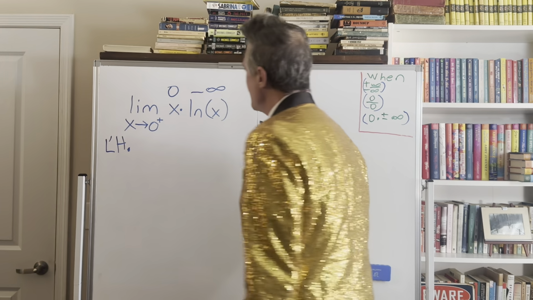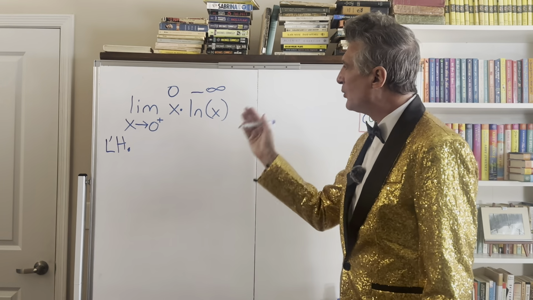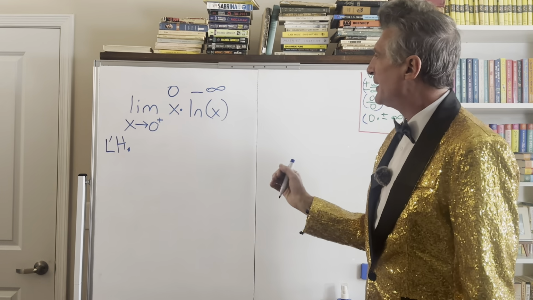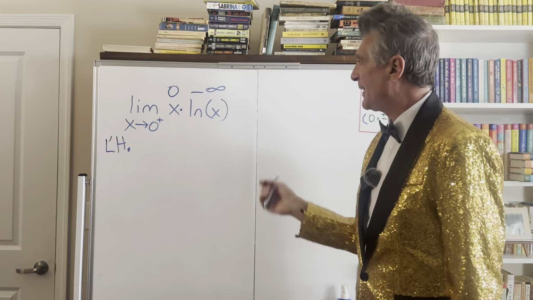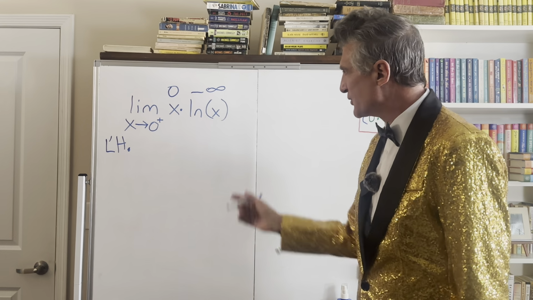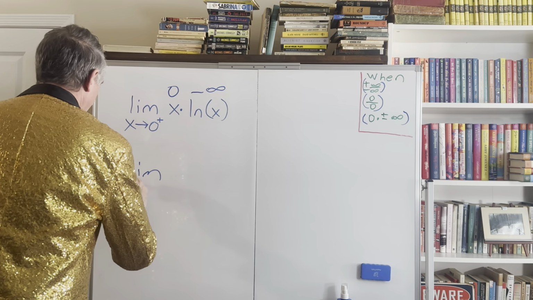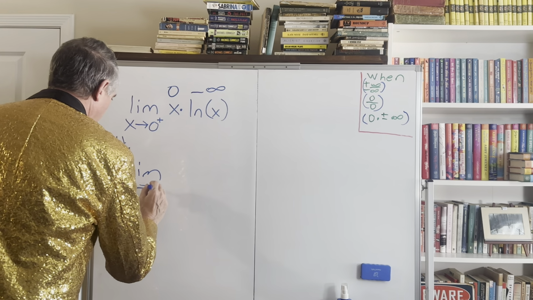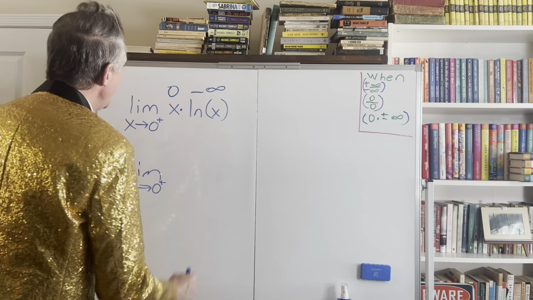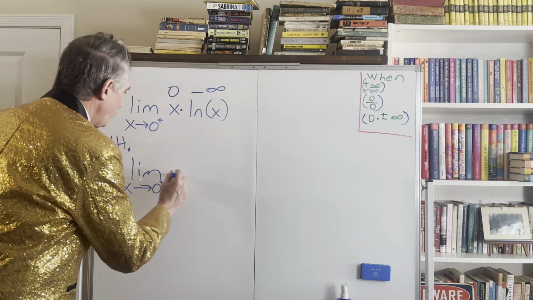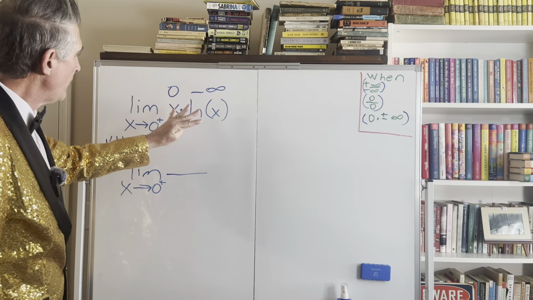Okay, well, that being said, let's look at this real quick. And how are we going to find out the limit of this particular instance when we don't have it in fraction form? Well, there's a good answer to that too. So let's just go ahead and acknowledge that we are taking the limit as x is approaching 0 plus from the positive side. We have been working with fractions.